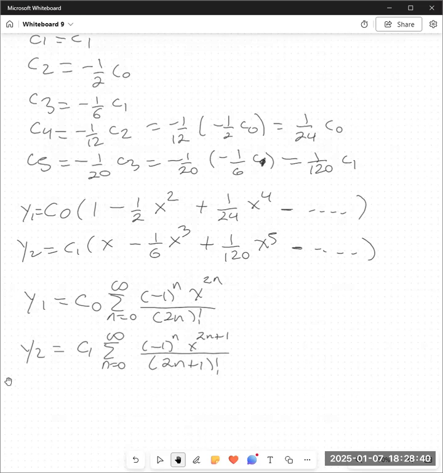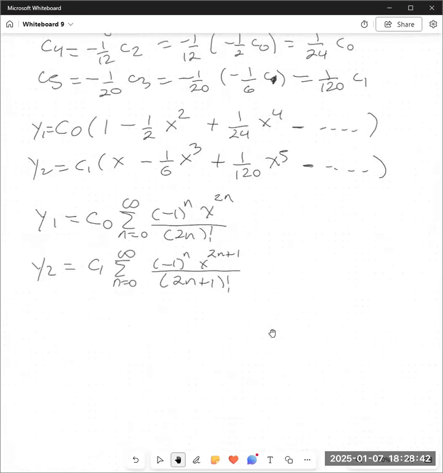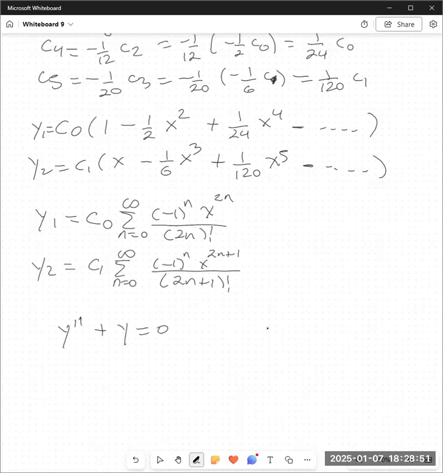Let's go back and solve this using our techniques from chapter 4. So y double prime plus y equals 0, m squared plus 1 equals 0, m squared equals -1, m is equal to plus or minus i. So that gives us y equals c1 cosine of x plus c2 sine of x.